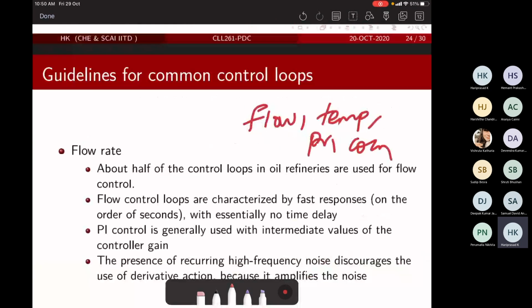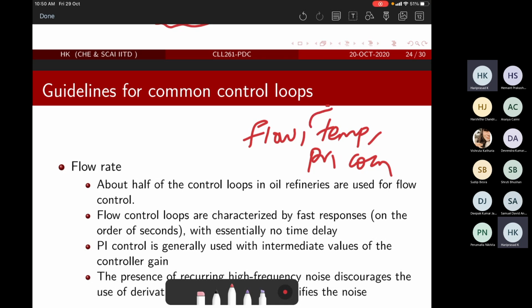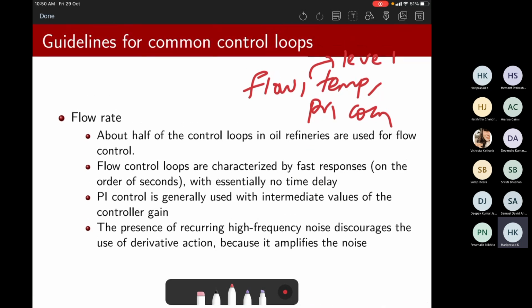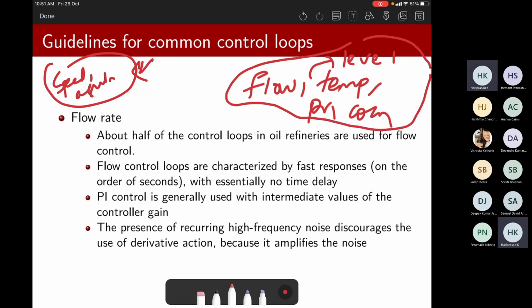So flow, and I would add level. These are the important variables that you would control in process control. It would become speed, angular velocity, acceleration, etc. if it is a mechanical system. But in our system, these are the key variables: flow, level, temperature, pressure, and concentration.